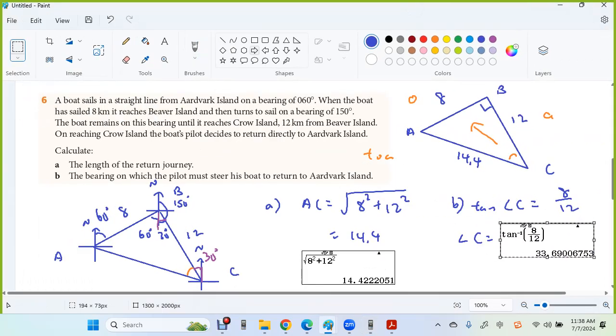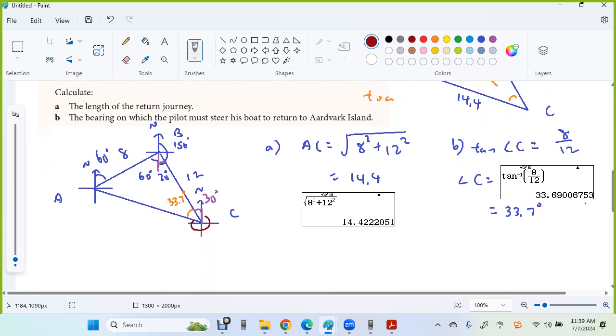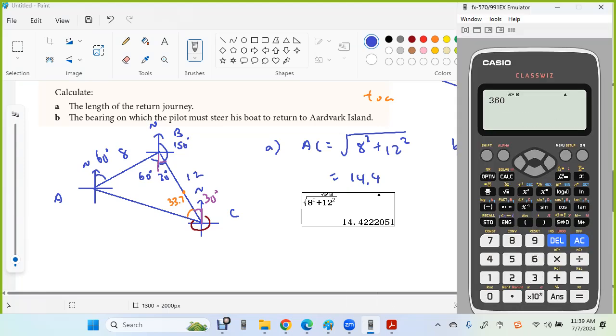Then it is 33.7 degrees. So this is 33.7 degrees, and the bearing will be this. So the bearing will be 360 minus 30 minus 33.7.